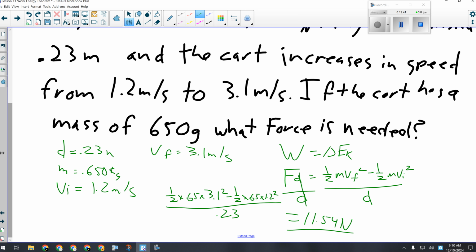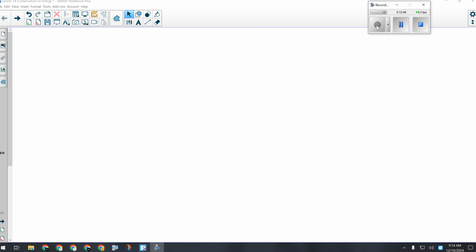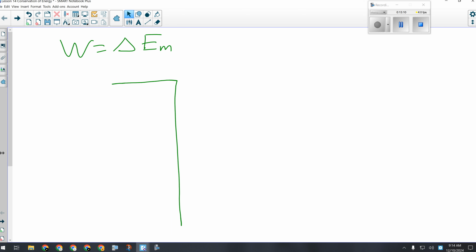So we've been talking about work energy theorem. In work energy theorem, clearly, because it says right in the formula, mechanical energy changes, because that's what work is. If you do work, you are going to change the mechanical energy of an object. So let's say you've got a cliff, and on the other side of this cliff is a path that you walk up.